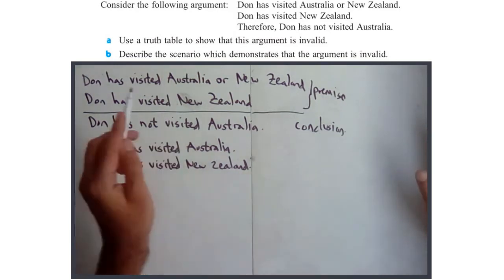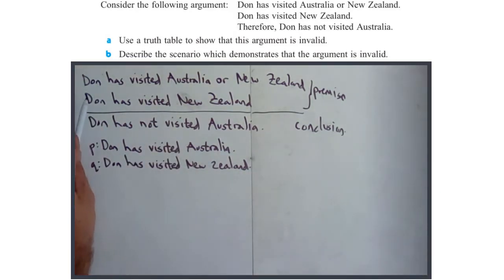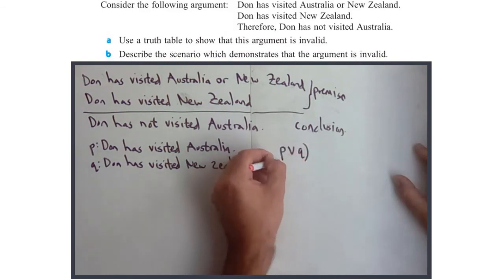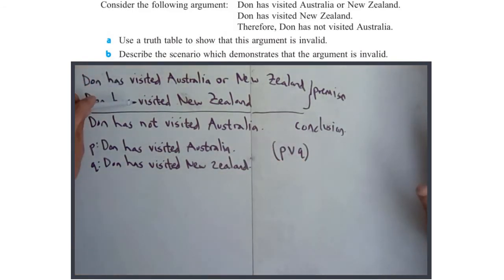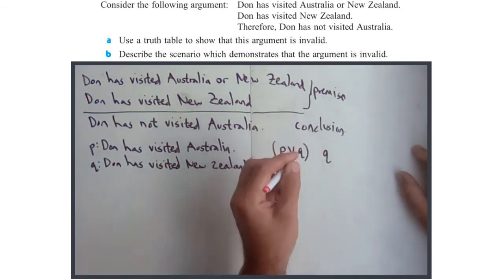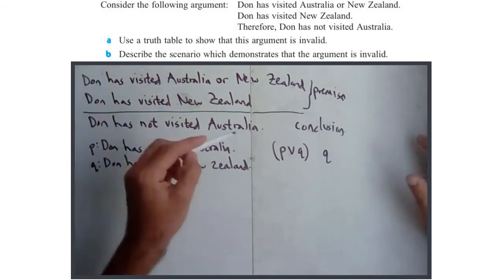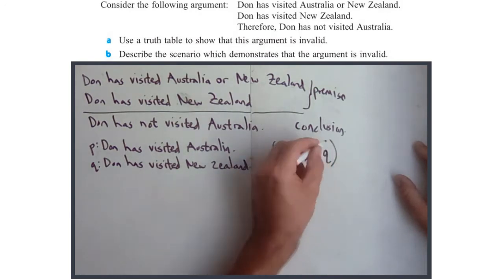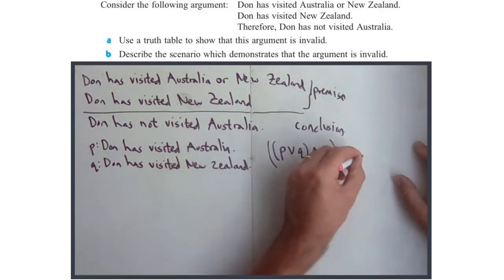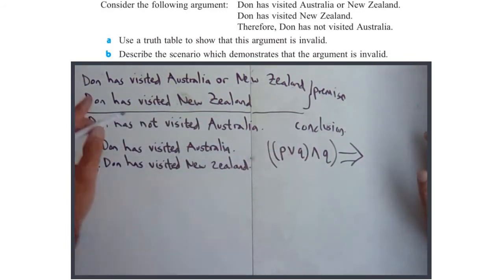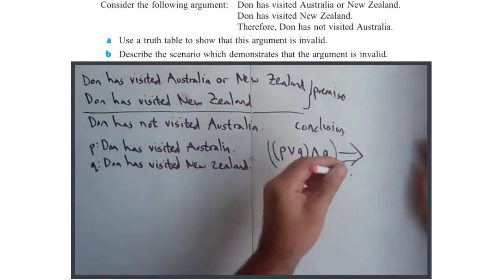The first one, Don has visited Australia or New Zealand, is a disjunction, so that's P or Q. The second proposition, Don has visited New Zealand, is Q. All of that, the two things in the premise in conjunction, needs to imply the conclusion, Don has not visited Australia, which is the negation of P.